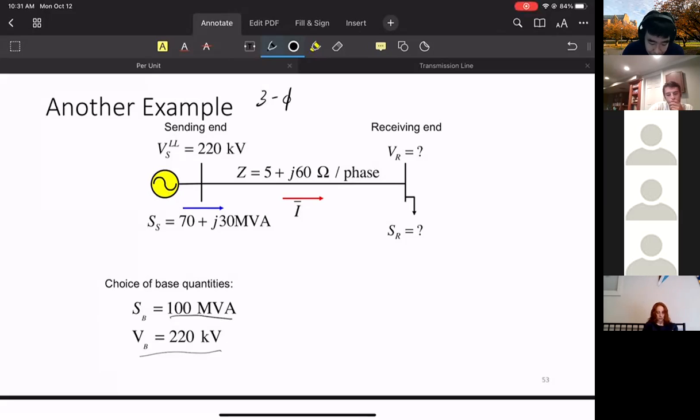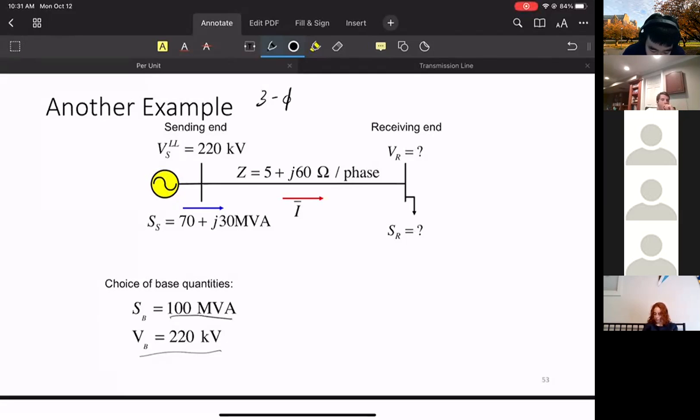The reason we choose 100 MVA is that there are 70 and 30 MVA in the power generated for sending, so we add them up and call it 100 MVA. One thing is to choose a nice round number for the power base. Don't choose something weird like 89, which people have done in the past. So choose some round number.